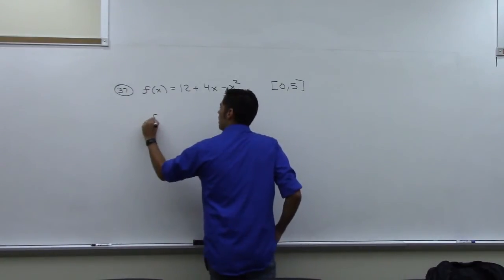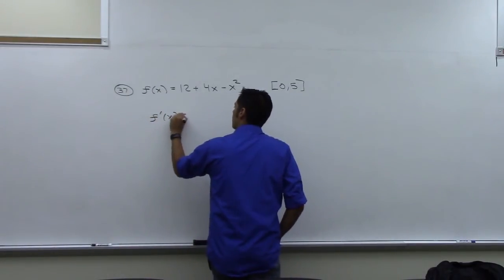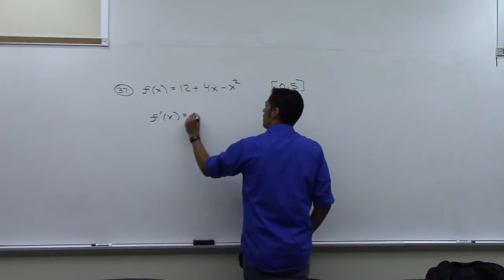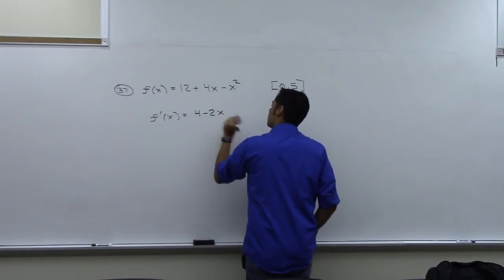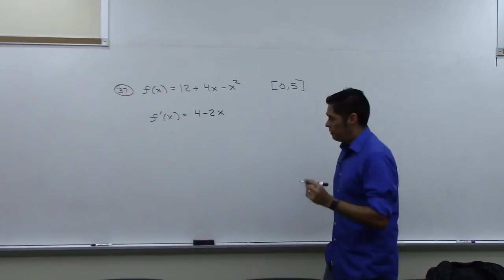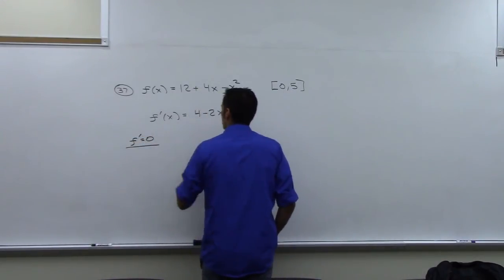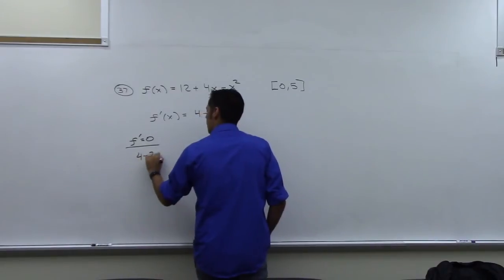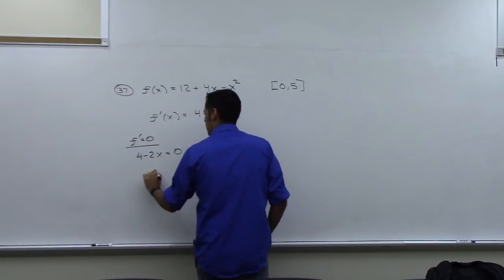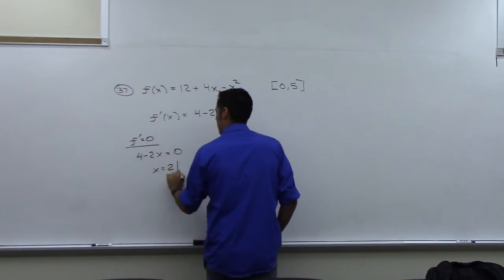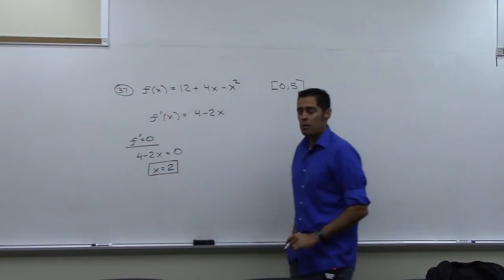So I'm going to start by taking the derivative so I can find the critical numbers. The derivative of this is just 4 minus 2x. And to find the critical numbers, I set this equal to 0, first thing. And I just get 4 minus 2x is 0, which means x is equal to 2. So that's one critical number.